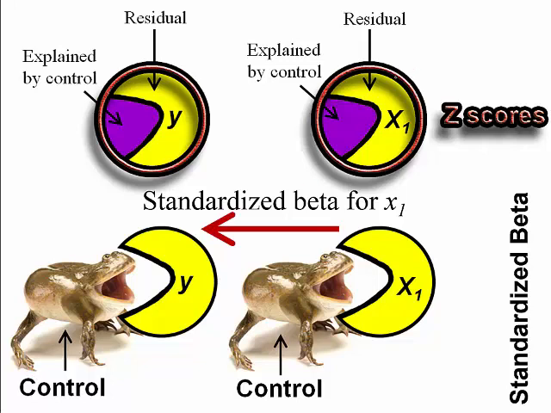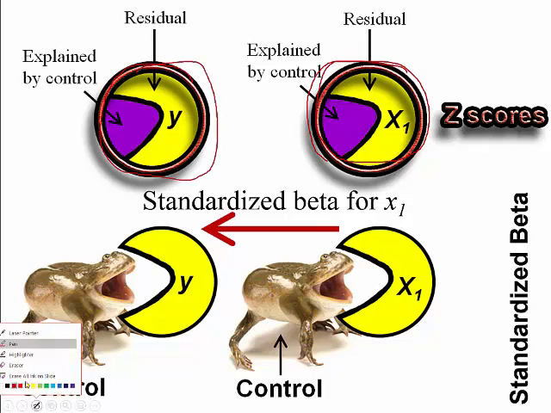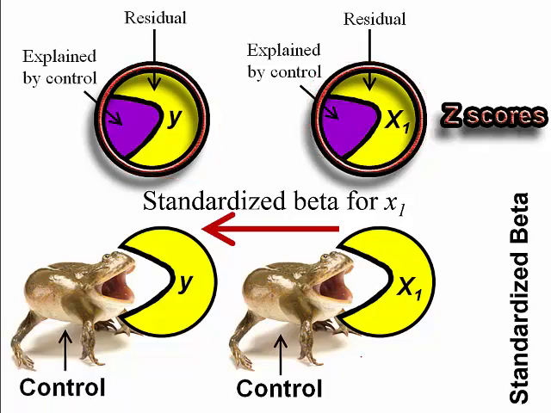So before I do anything, I first turn x1 into a z-score, and then I turn my outcome variable y into a z-score. And then once everything is z-scores, my control variable comes along and munches up everything it can, it tries to explain all the variance it can explain.